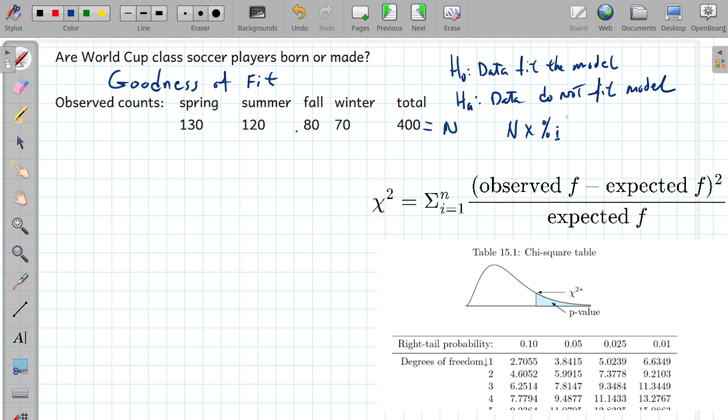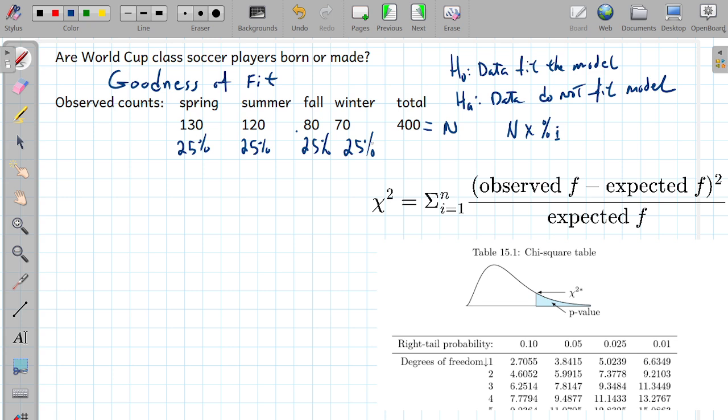But the point is, if you can teach greatness, then it wouldn't matter what season of the year you were born in. So we would expect, because I'm cutting the year into quarters, then we would read between the lines that there would be 25% in each season.